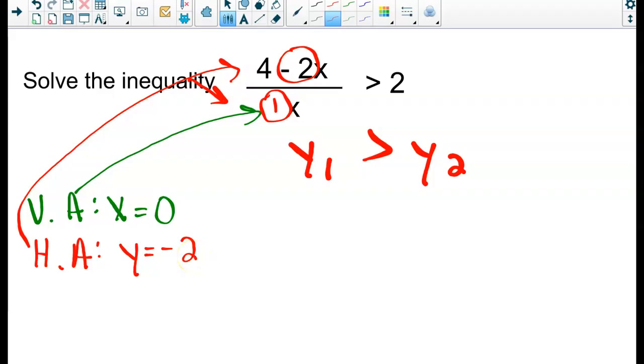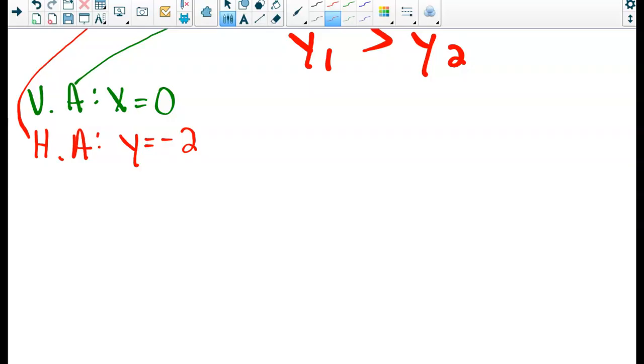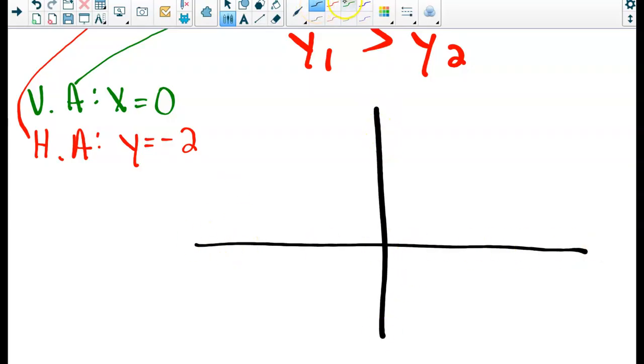And now we're going to graph this. And we've got the vertical asymptote, x equals 0. So here's my vertical asymptote. And we've got the horizontal asymptote of y equals -2.